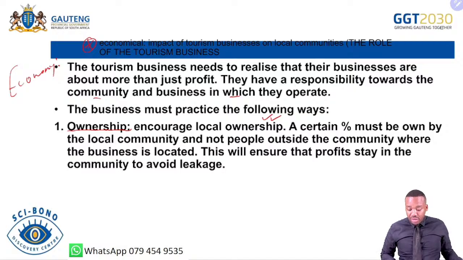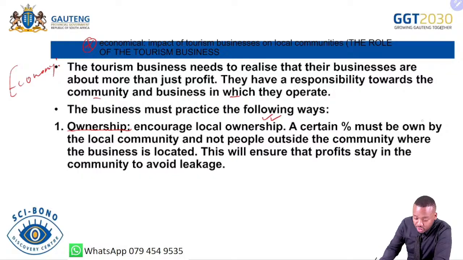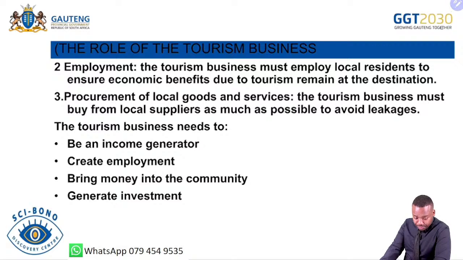Local ownership. In what way? A certain percentage of the business must be owned by the local community and not people outside the community where the business is located. And this will ensure that profits stay in the community to avoid what? The leakages. That's the first thing that the tourism business can do.